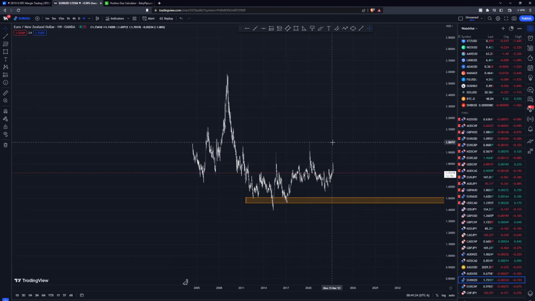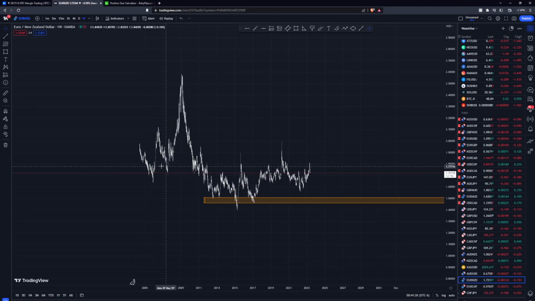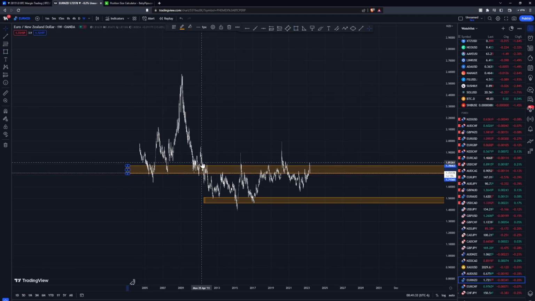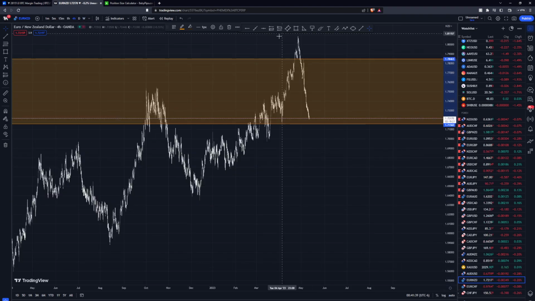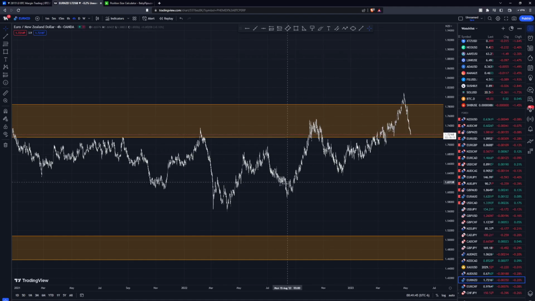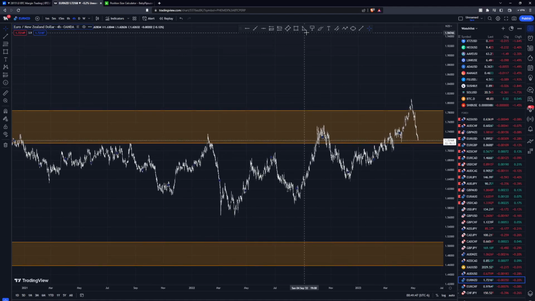So weekly, it seems like there's something here, but is it even worth drawing when it's just so scattered like that? I don't know. We'll keep it for now. 4 hour, not a ton going on here, nothing super clear.